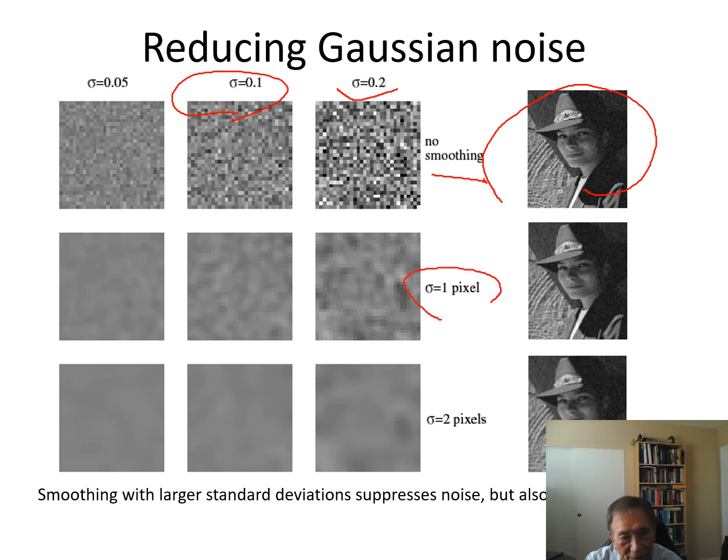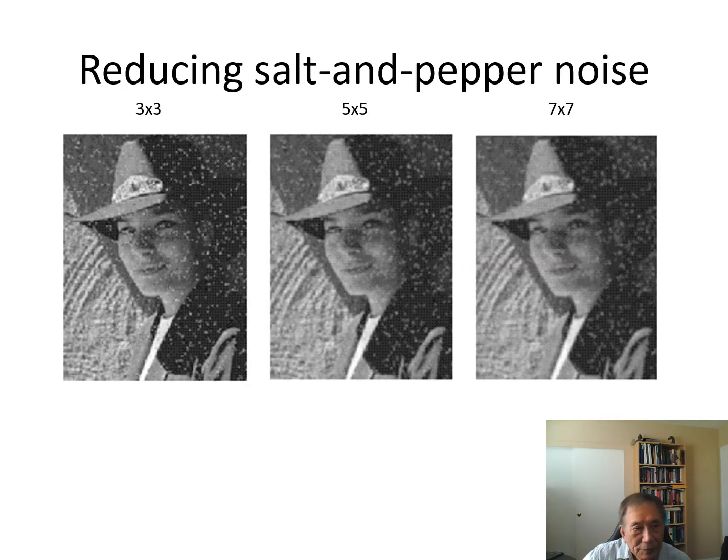But with a sigma of 1, it gets a little smoother, and the color is distributed. With 2, things are spread a little better. So the larger standard deviation makes it a little more blurry, and the sharpness of the edges is gone. And the salt noise can be reduced by this Gaussian filter.